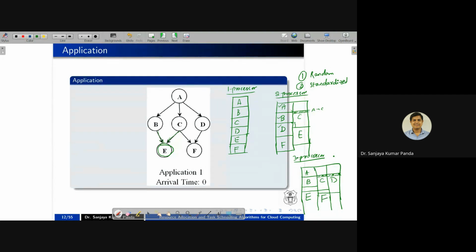So if you see, the time required to complete in a three processor system is less compared to a two processor system and a one processor system, right?